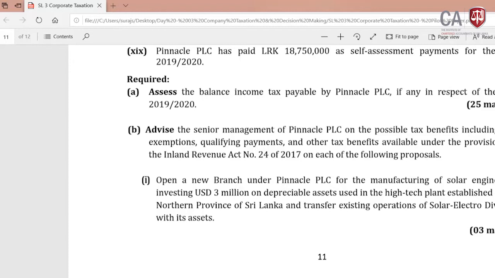What is my requirement? Assess the balance tax payable. For how many marks? 25 marks. What is the maximum time you can allocate for this? 45 minutes. Now you all know what you have to do.